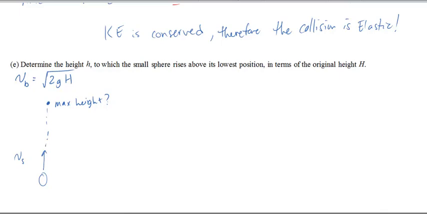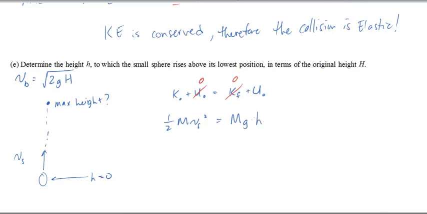Well, I'll approach this again from a conservation of energy point of view. K initial plus U initial equals K final plus U final. I'm going to call this spot height equals 0 so that my initial potential energy is 0. Since we're talking about the max height, the final kinetic is 0. And I get 1/2 m VS squared equals mg times whatever this h value is.